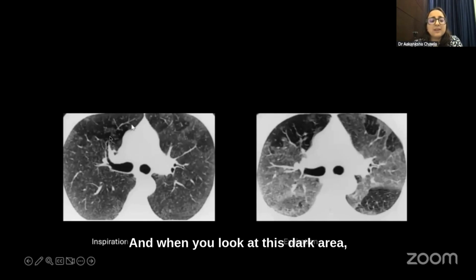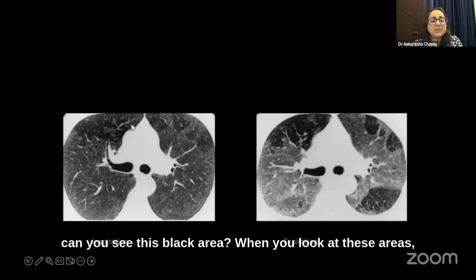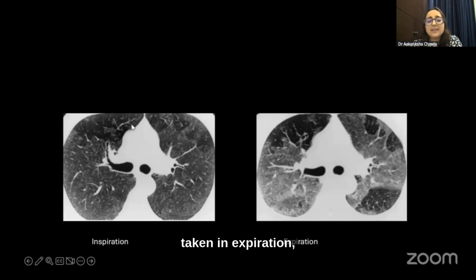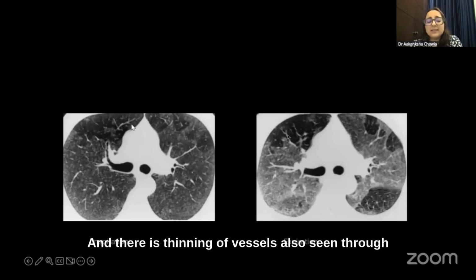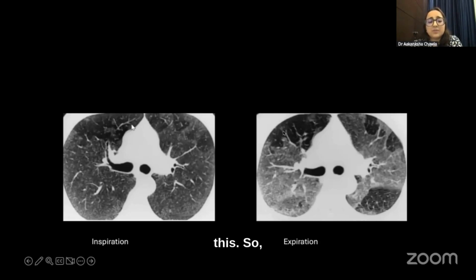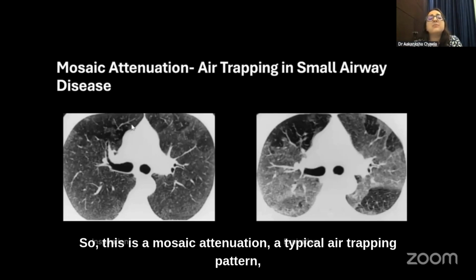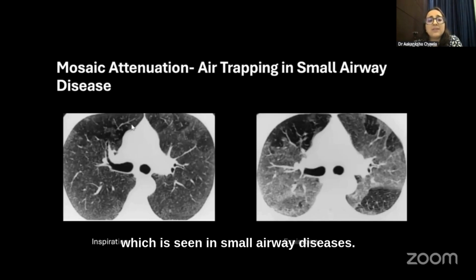When you look at this dark area, can you see this black area? When you look at these areas, you see that there is thinning of the vessels also. Now, once this scan is taken in expiration, you see that these get enhanced, right? I will just explain, and we did discuss this. So this is mosaic attenuation, a typical air trapping pattern, which is seen in small airway diseases.